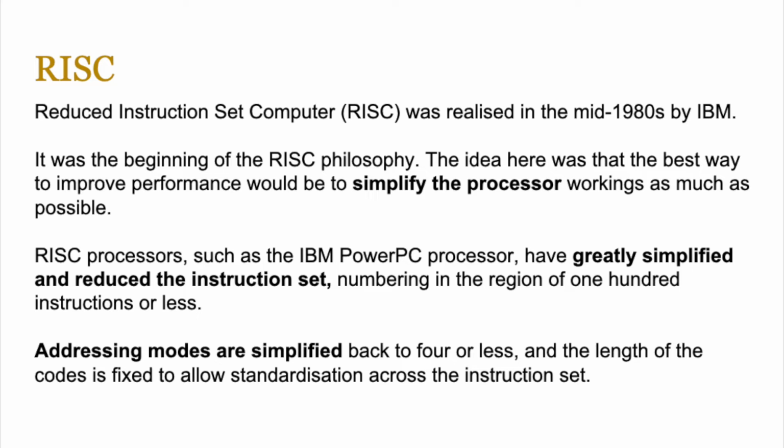Now, since the instructions are simplified and are of fixed length, that means addressing modes are simplified as well, which means that the circuitry becomes less complex, which means it becomes cheaper, generates less heat, and that led to the rise of ARM processors and M1 and M2, thinner mobile devices, Snapdragon processors, or you name it. The key here, though, was that the instruction set itself had fewer instructions, 100 or less, compared to the 300 plus in CISC.